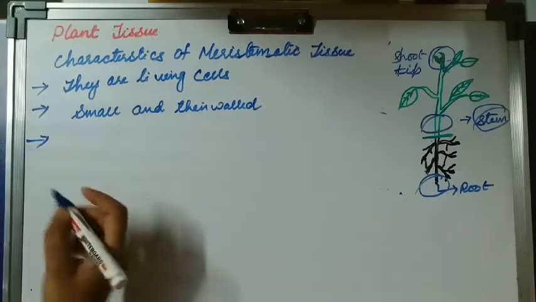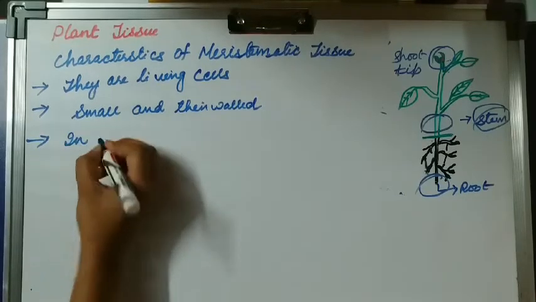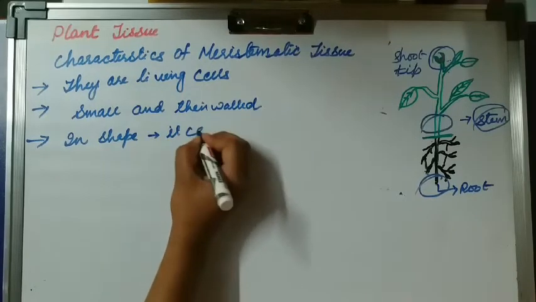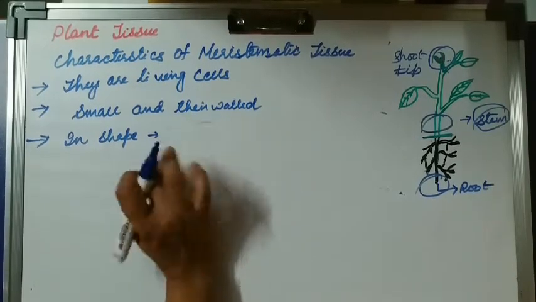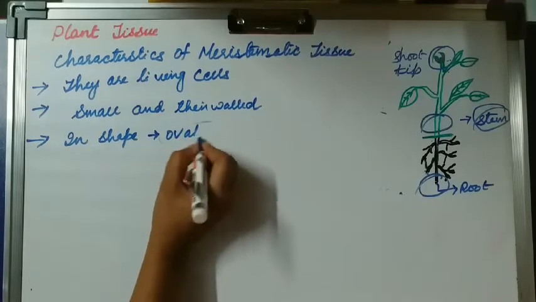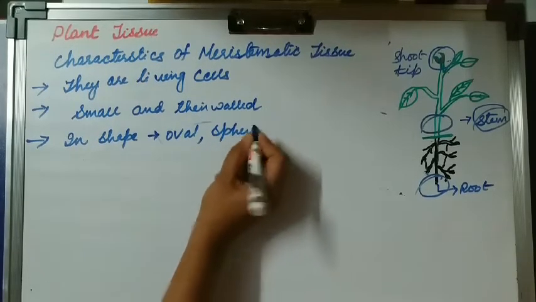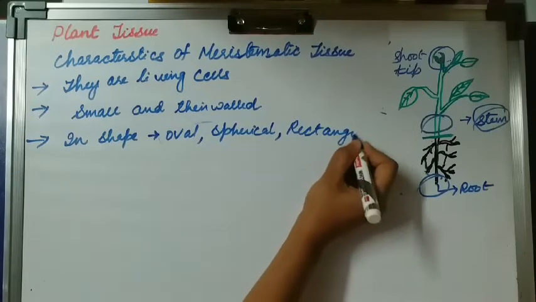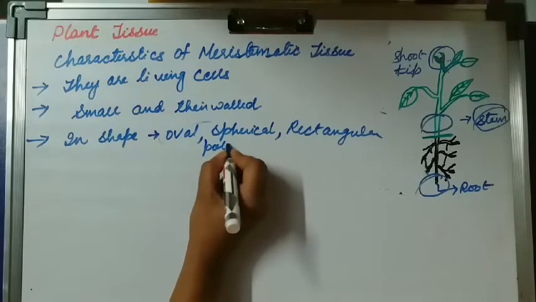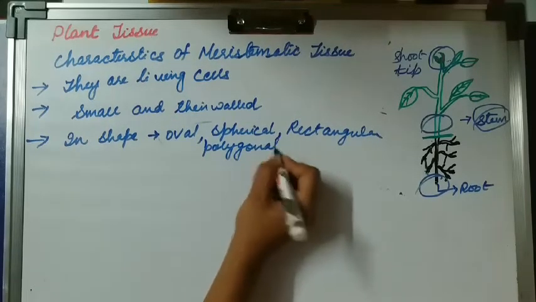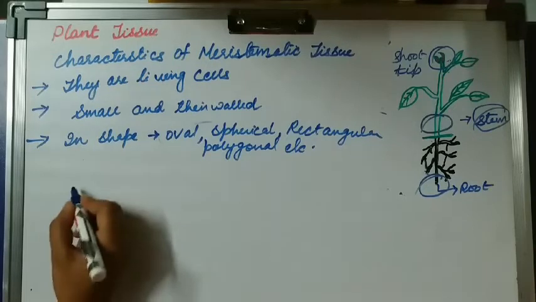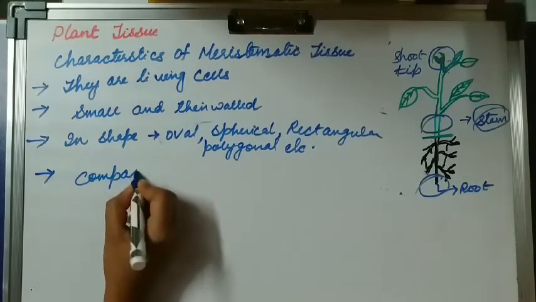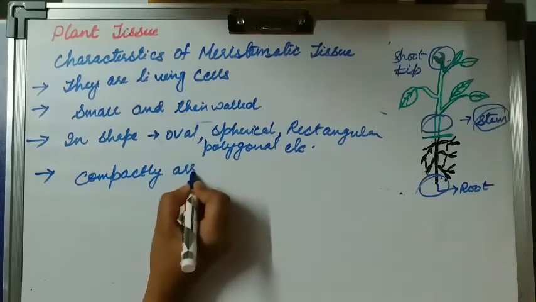The next thing is that in shape it can be oval, spherical, rectangular, polygonal, etc. Now the cells are compactly arranged.